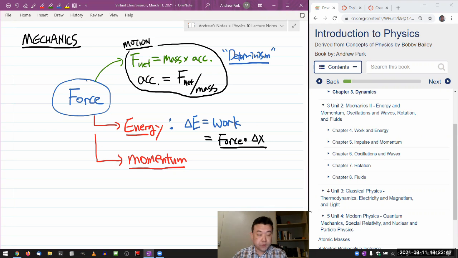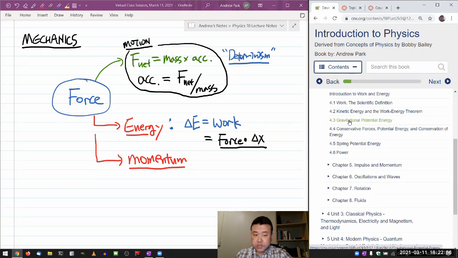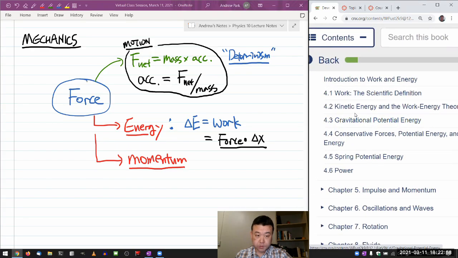If you look back through chapter 4, you see that with each of these forms of energy, how they were derived, how we analyzed them, they all connected to work. So they all, in some sense, connected to the idea of a force, and how force affects energy.